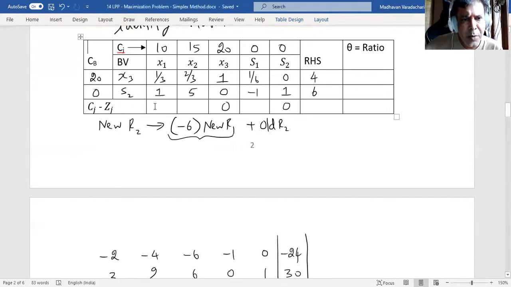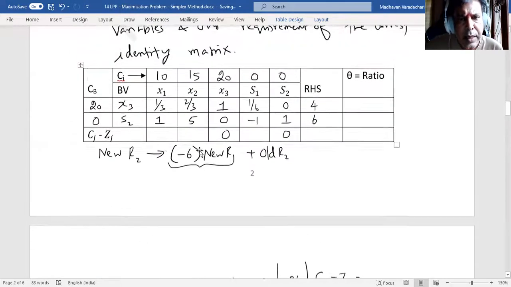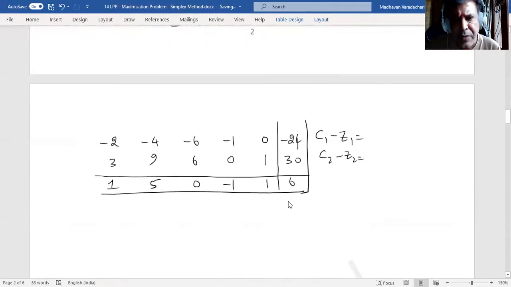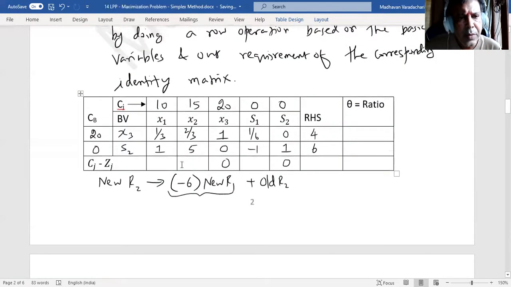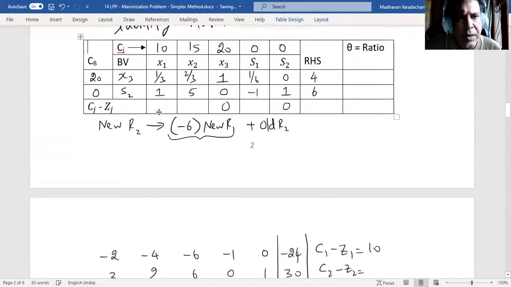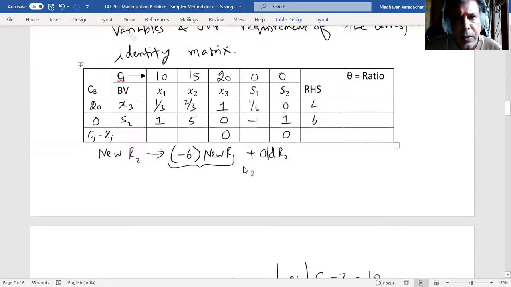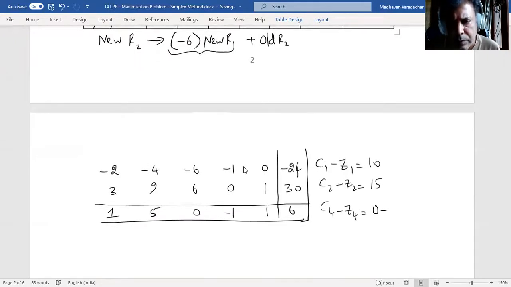So what are the things we are supposed to calculate? C1 minus Z1, then C2 minus Z2, and then C4 minus Z4. Now what is C1? C1 is the first coefficient, which is 10. Then C2 is 15. C4 is 0. Minus of Z1.